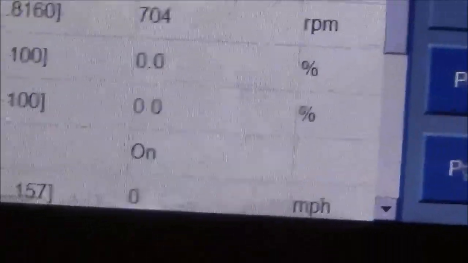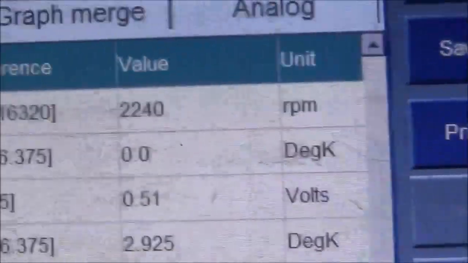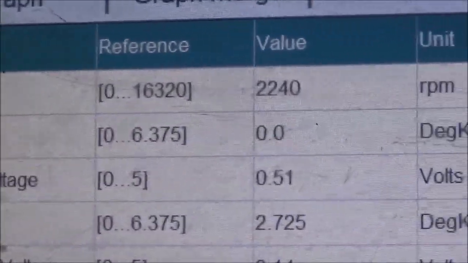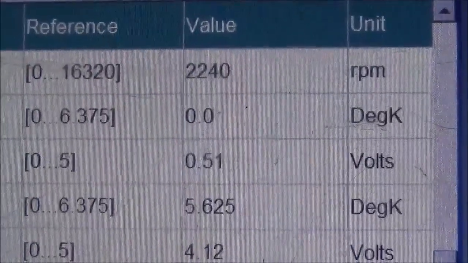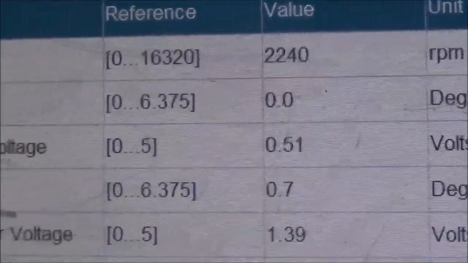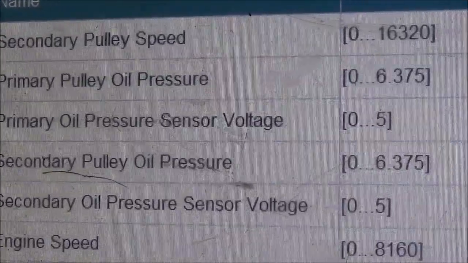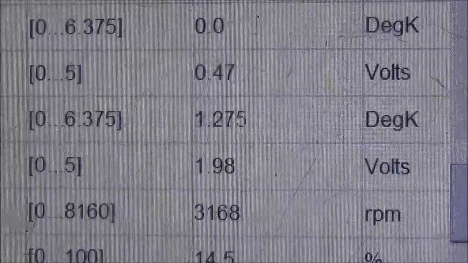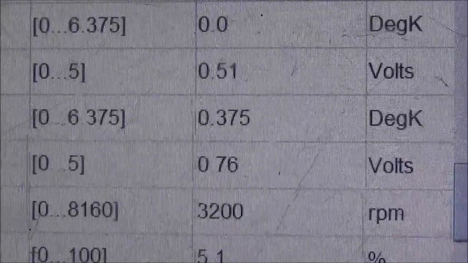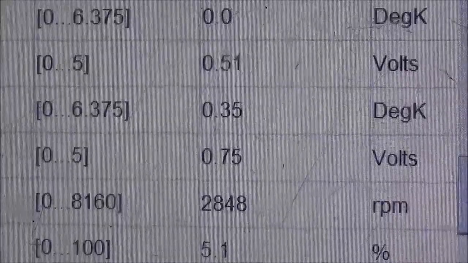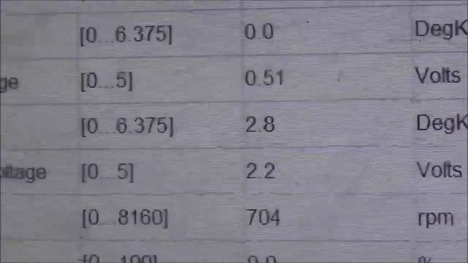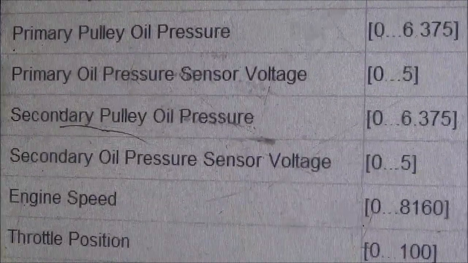Let me go a page up. So, secondary pulley will not move. Secondary pulley oil pressure. Okay.